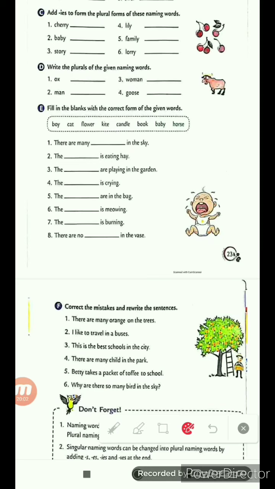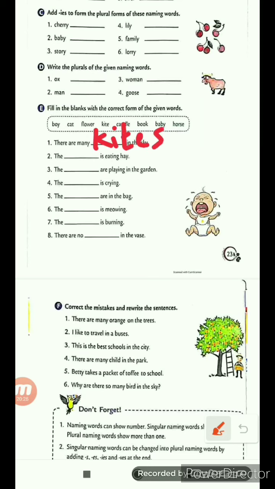Words are given, but you have to write the correct form. When it is many, you have to add S, I-E-S or V-E-S, whichever the word will depend on. So there are many kites. K-I-T-E-S. We are going to write S. Kites. Okay. Next, the dash is eating hay.